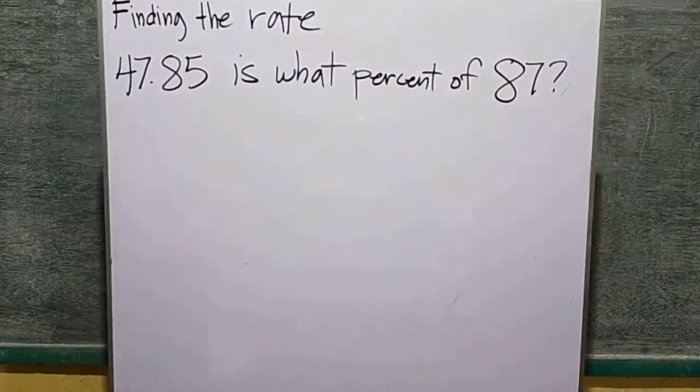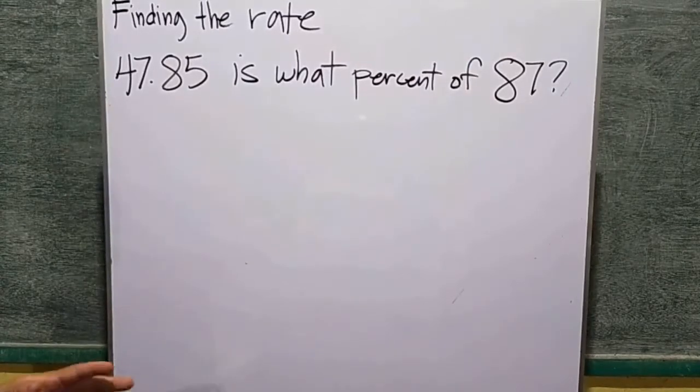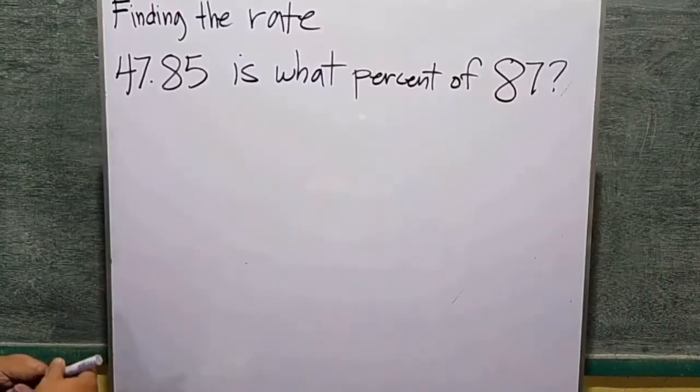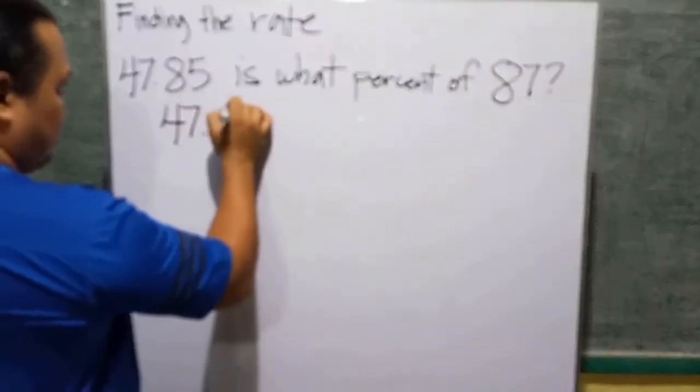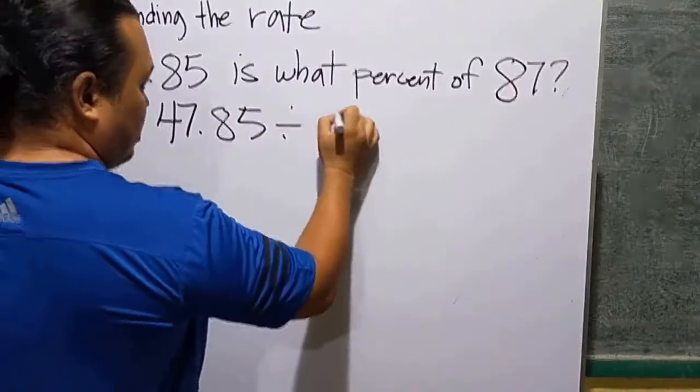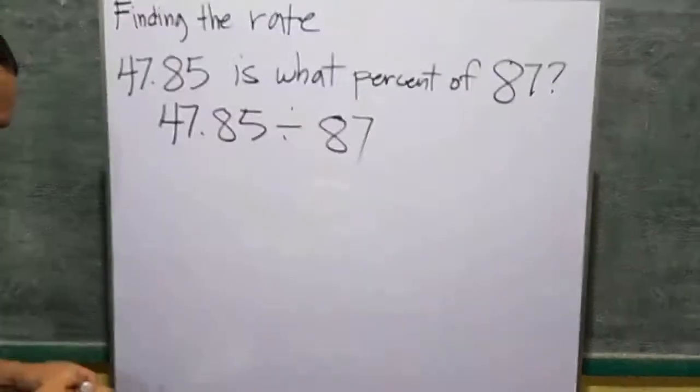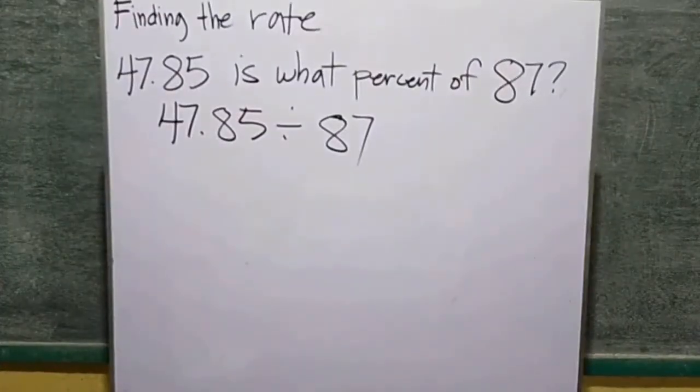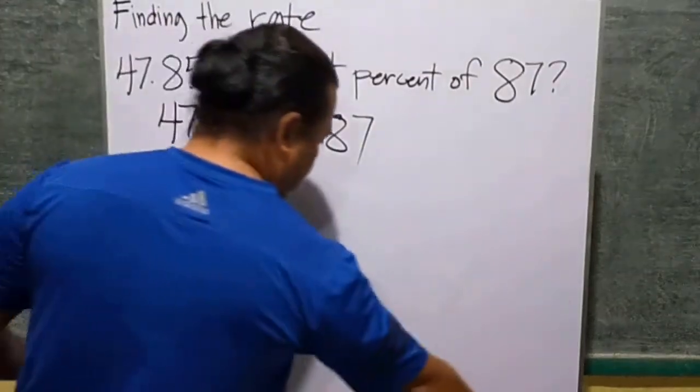In finding the rate, we need to divide the percentage by the base. So for the 47.85, we divide it by 87. That will be our solution. So let's divide.